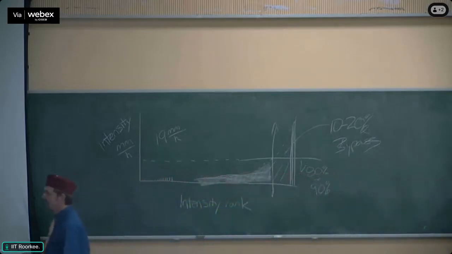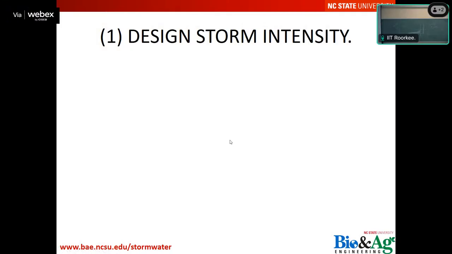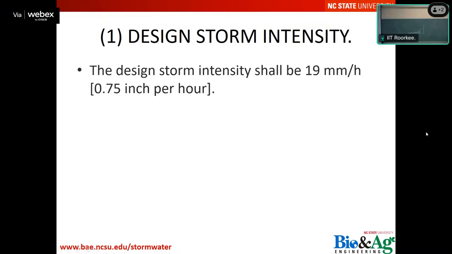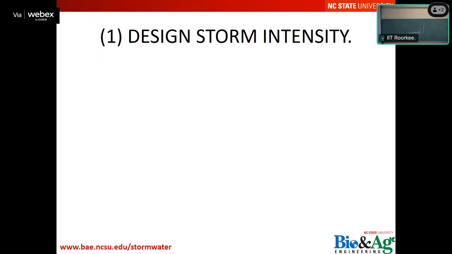So that is how rainfall intensities that you design for are determined for water quality purposes, right? If you're designing it for a big storm, then you look it up in your meteorological record.